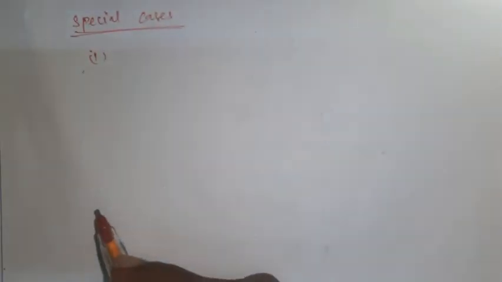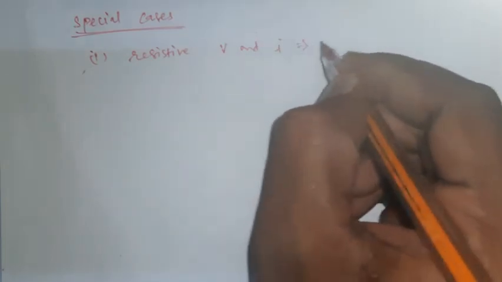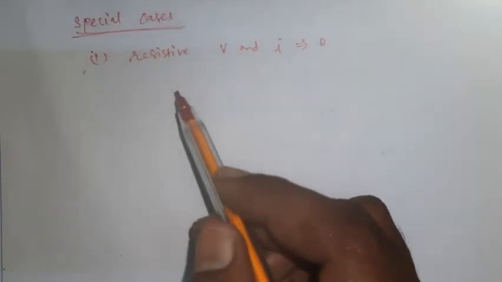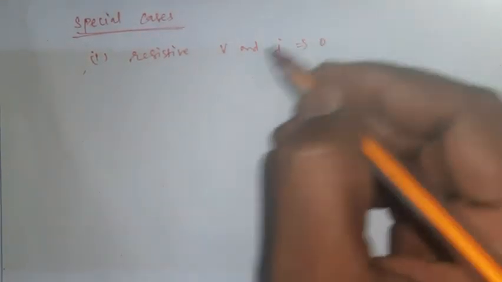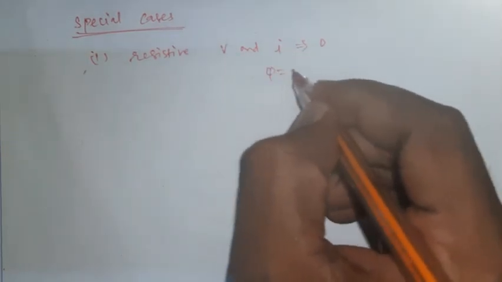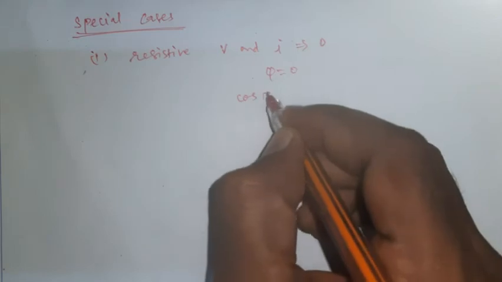Let's see the special cases. First case, for a purely resistive circuit, we already know the phase angle between voltage and current is 0. There is no phase difference between voltage and current when a pure resistor is connected to the AC. So phi is 0, so cos phi value is 1.